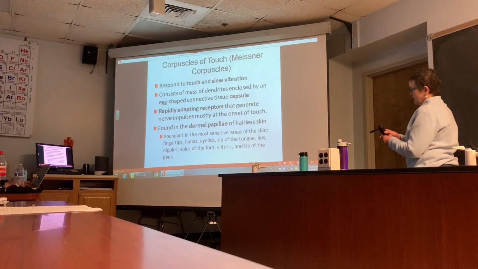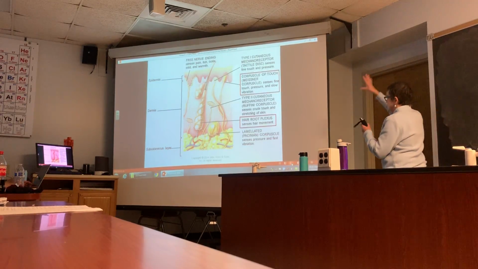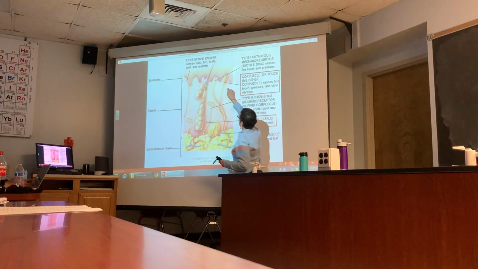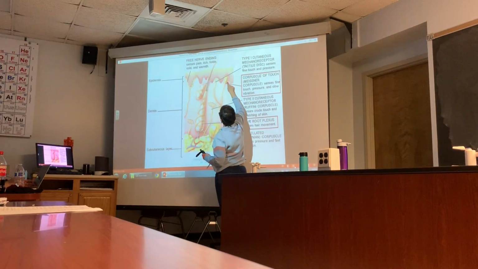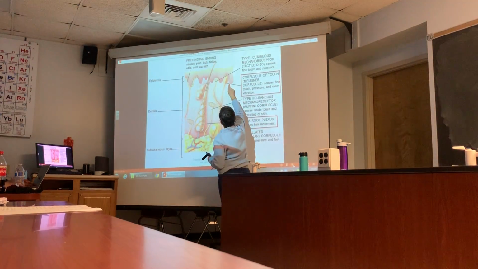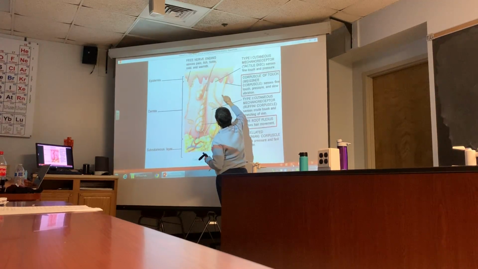Now you find these in the dermal papillae of hairless skin. I should have put a picture of the skin in earlier, but here's where the Meissner's corpuscles are. This is the dermal papillae, those little bulges of connective tissue into the epidermis region. That's a Meissner's corpuscle. The dendrite is inside there, and then the axon would be here.